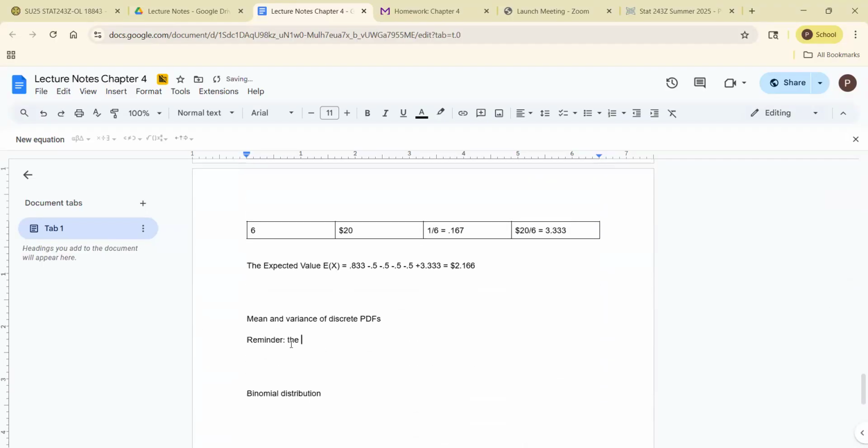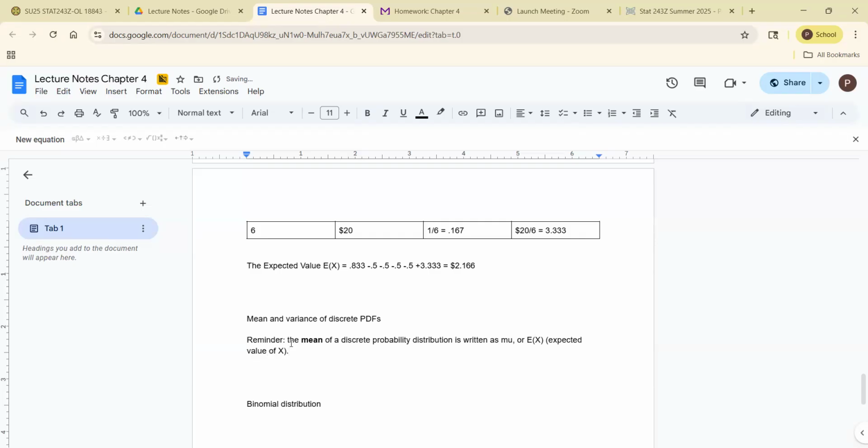So a reminder, the mean of a discrete random variable or discrete probability distribution is written as mu, or the expected value of x.